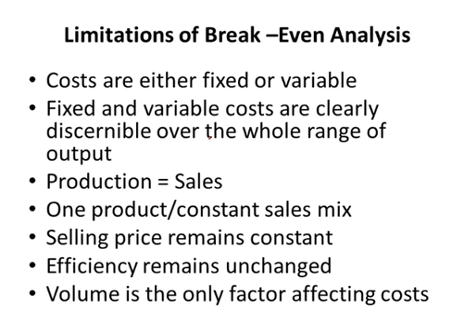In the real world, we sell more only when we reduce the prices. Efficiency is assumed to be unchanged, and volume is the only factor which is affecting the cost. These are the limitations of the assumptions made during the break-even analysis.